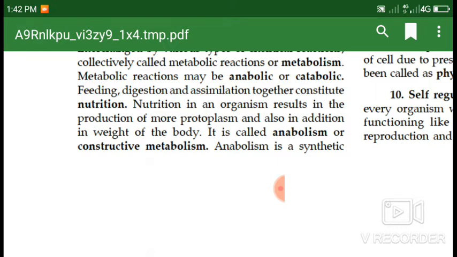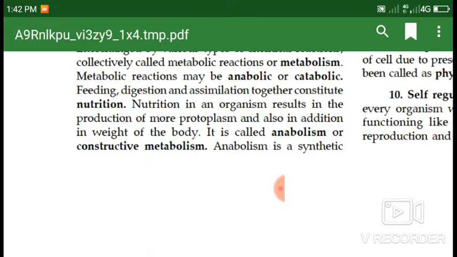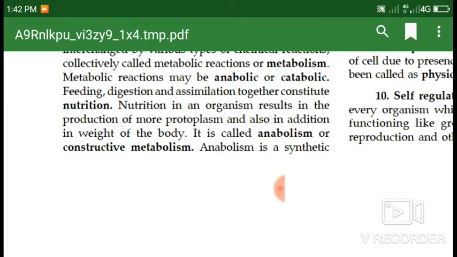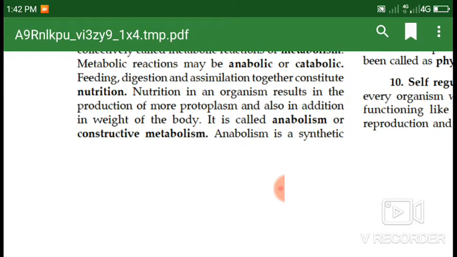This process is also called anabolism, the process of taking nutritional foods, or constructive metabolism, in which complex food materials are broken down into simpler ones.